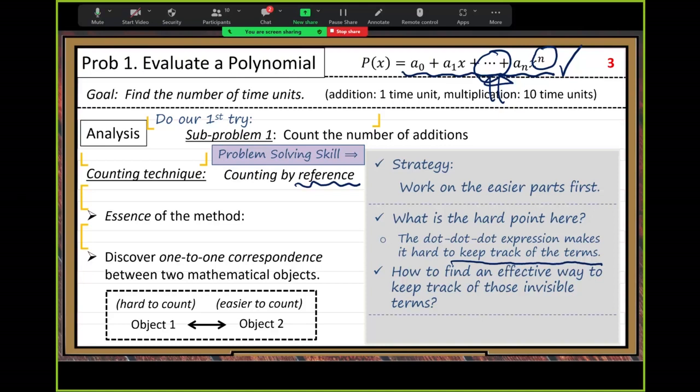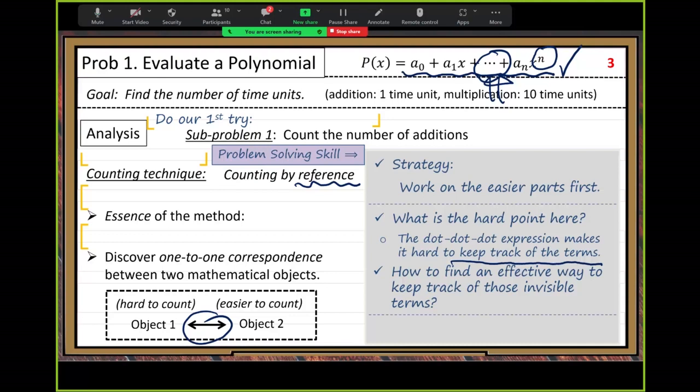We use object 2 as the reference to object 1, so we count the number of object 2 instead of object 1. When we get the answer for object 2, we use that same number as the number of object 1, because the one-to-one correspondence allows us to use the same number as the counting result.